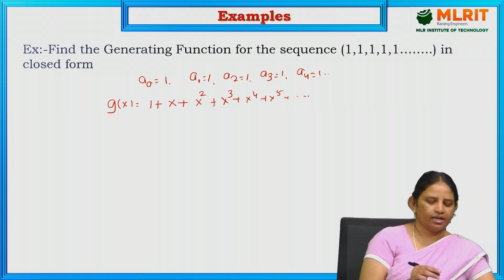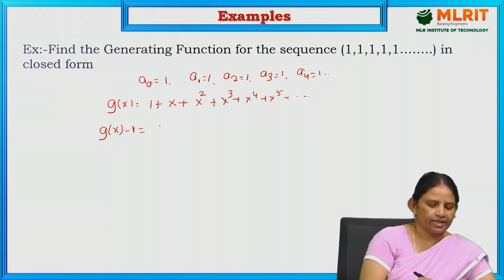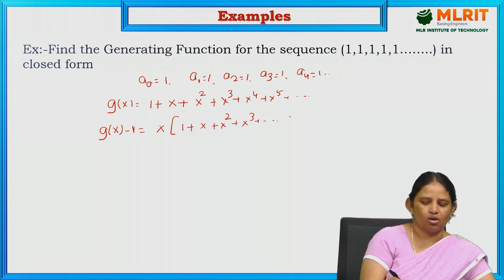So we already did this. Take 1 to the left side: g of x minus 1 is equal to, take x as common, x into (1 plus x plus x square plus x cube and so on) up to x to the power infinity.